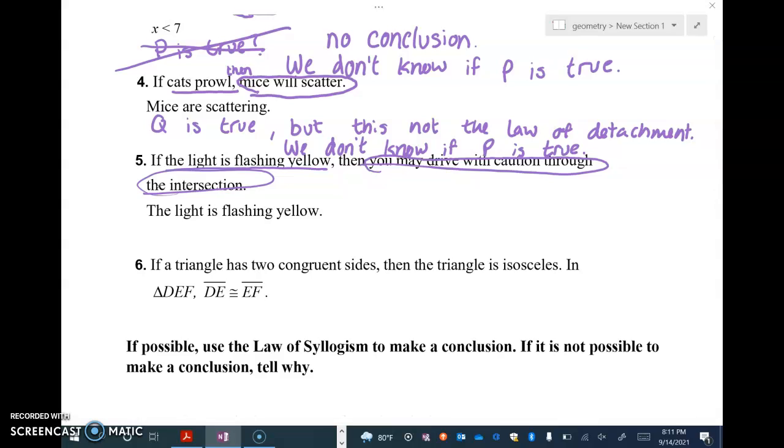So again, is that telling us P is true? Yeah, it looks like P to me. So that would be P is true. Once we know that P is true, we can say Q is true. So we can say you can drive with caution through the intersection.